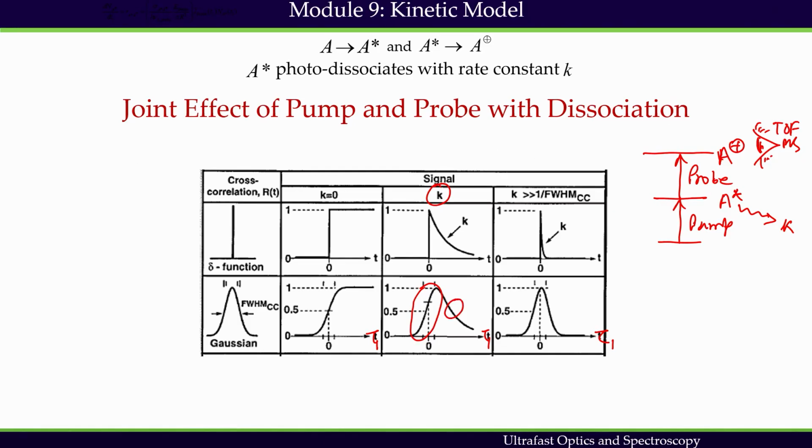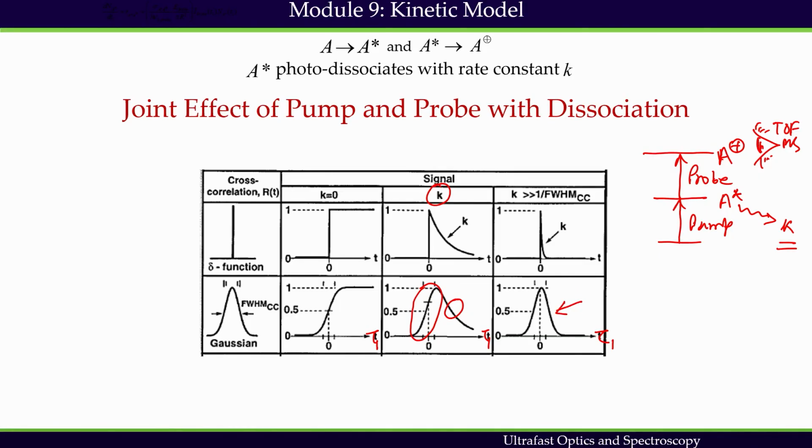And if the dissociation is very fast, which means the rate constant is very large, then what will happen? We will not be able to measure the kinetics anymore, we will end up with measuring the pulse.